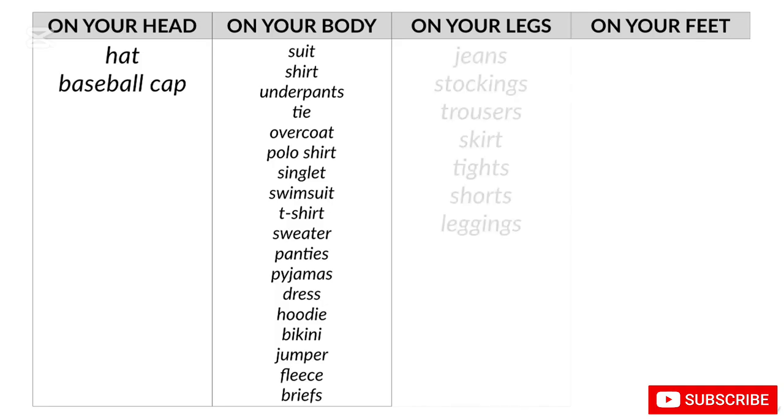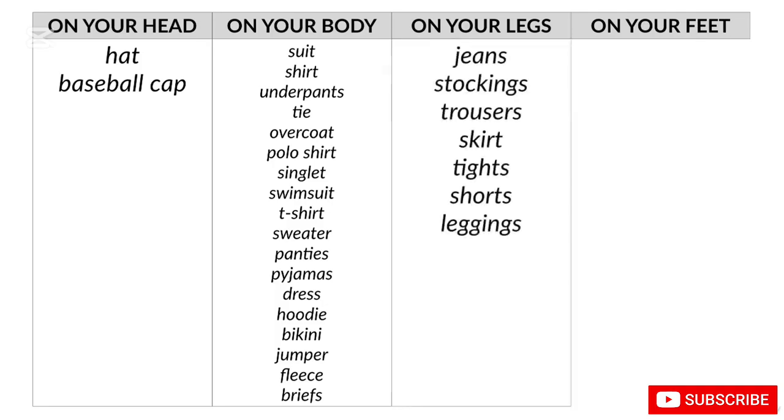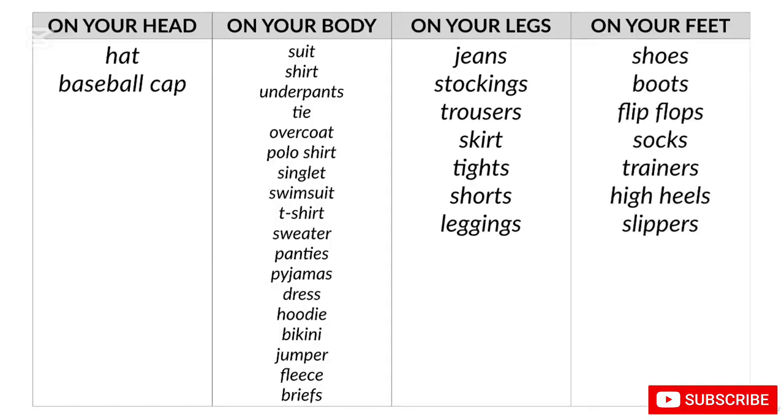On your legs: jeans, stockings, trousers, skirt, tights, shorts, leggings. Some of those are on your feet as well. Tights you wear on your feet as well. And just on your feet: shoes, boots, flip-flops, socks, trainers, high heels, and slippers.